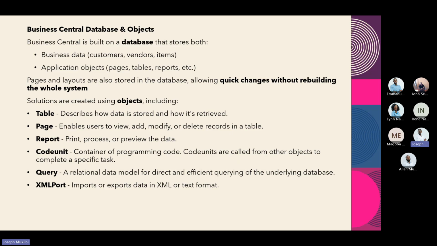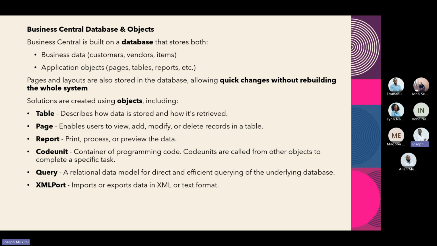Solutions are created using objects, including tables. Tables are used for describing how the data is stored and how it's retrieved. Pages enable users to view, add, modify, and delete records. Then we have reports, for printing, processing, and previewing data.